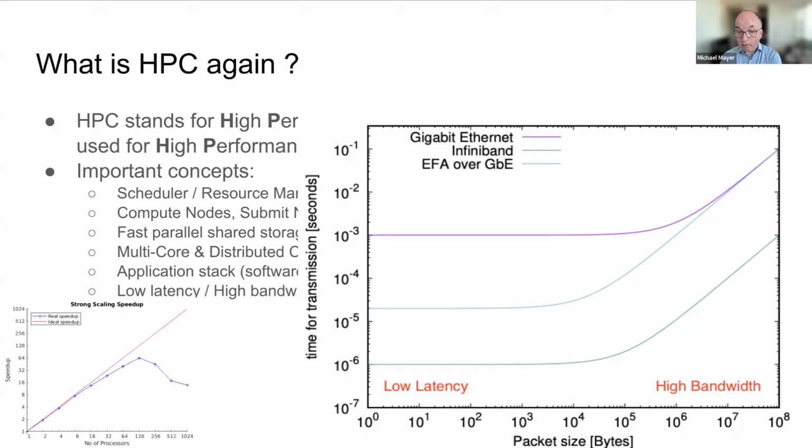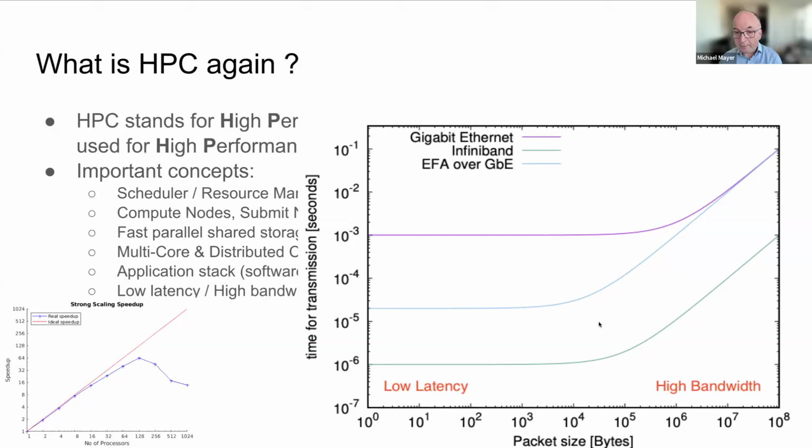And if you now think that a processor on one server needs to talk to a processor on a different server, and in a processor, we all know that frequencies are gigahertz, so things are happening on a nanosecond time scale roughly. Having a millisecond time scale for network communication means that the processor, unless it's really doing lots of things before having to communicate again, can become quite inefficient.